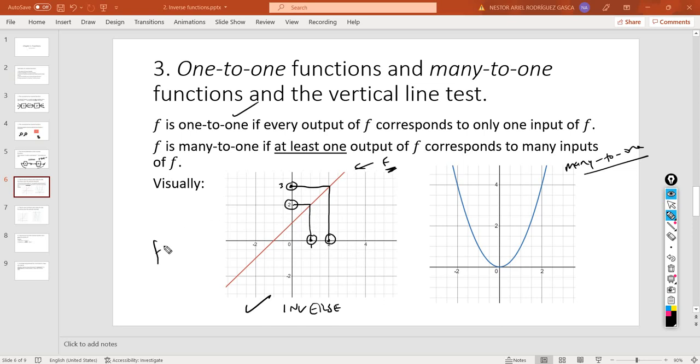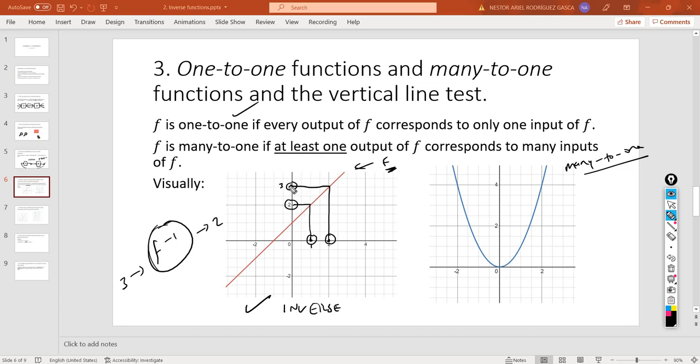Now think of f inverse. If f is a function that gives you these outputs in response to these inputs, then think of what f inverse does. What f inverse should be doing is the opposite. When you give f inverse the value of 3, it should give you the value 2 as an output.